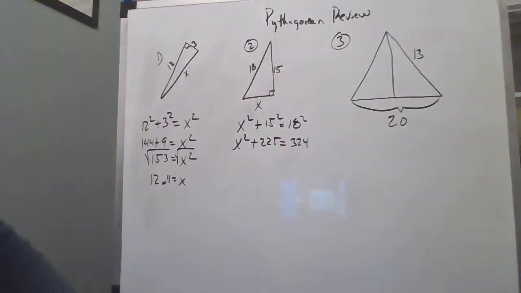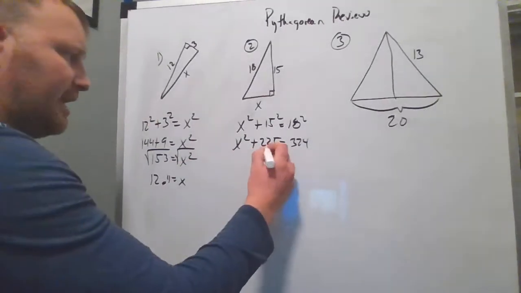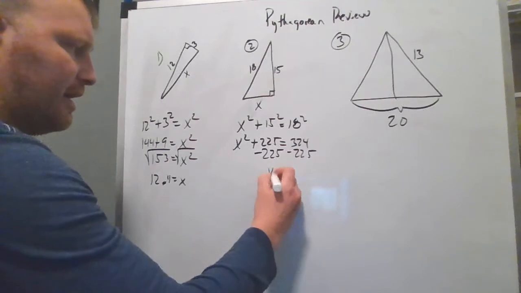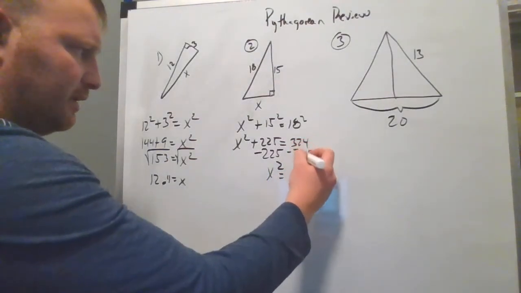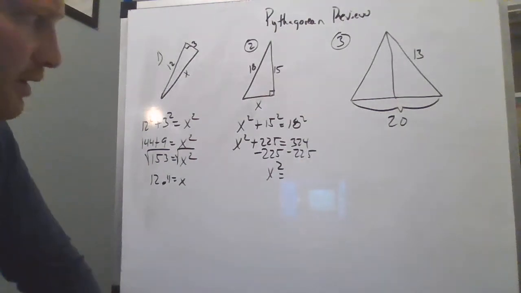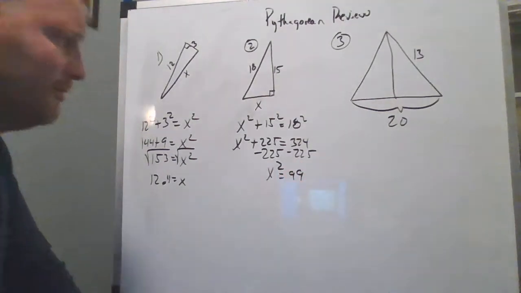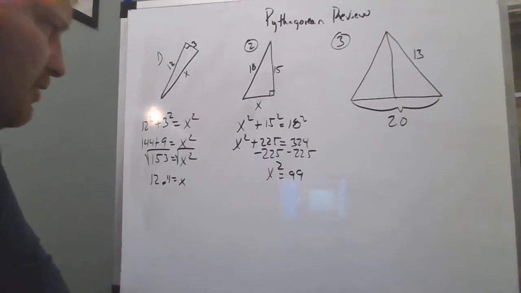Now remember, we're not done yet. I got to bring this guy over here because the goal is to get x squared all by itself. So now I got x squared equals 324 minus 225, which is 99.